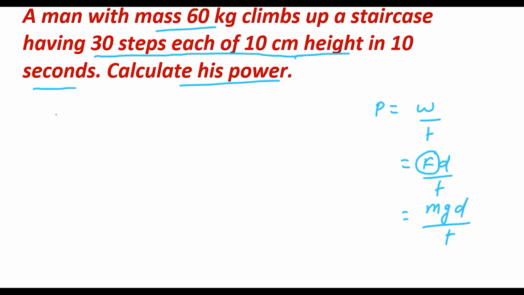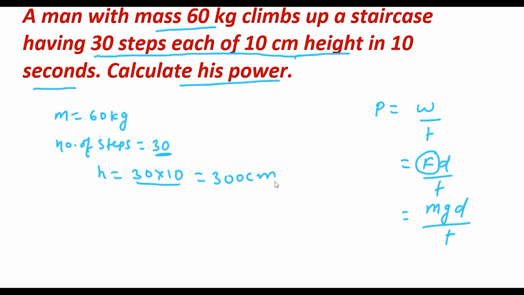We have mass is given 60 kg, and having 30 steps, number of steps equal to 30, and each of 10 centimeter height. 10 centimeter height means total height is 30 into 10, because number of steps is 30 and each step is 10 centimeter. 30 steps means 30 into 10 means 300 centimeter.